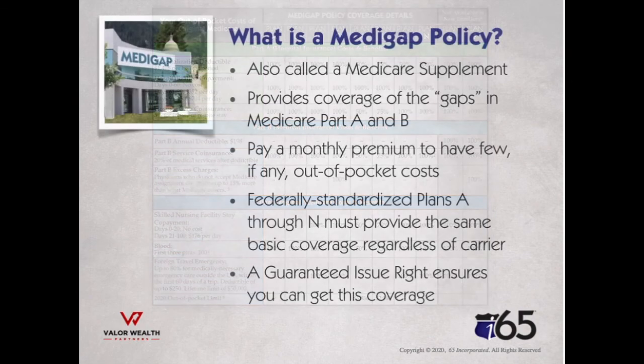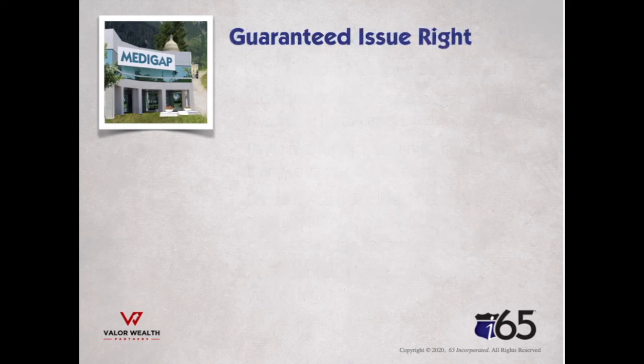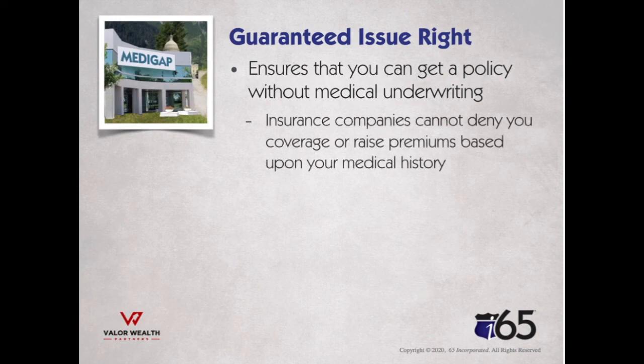In order to get a Medigap policy with no questions asked, you must have a guaranteed issue right. So what is a guaranteed issue right? This is a rule that essentially ensures that you can get a Medigap policy with no medical questions asked, otherwise known as no medical underwriting.